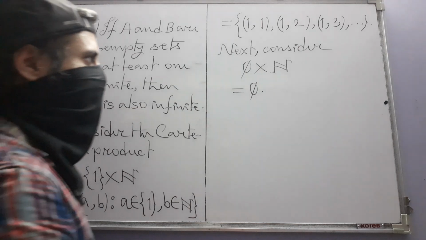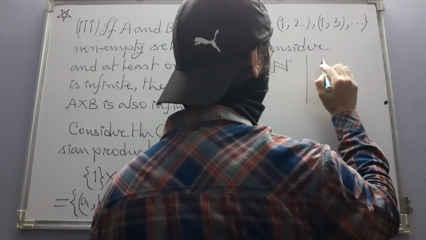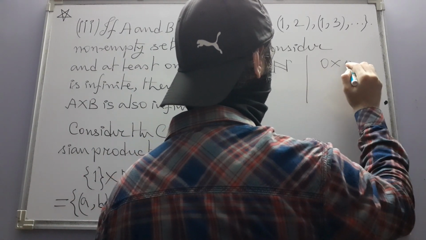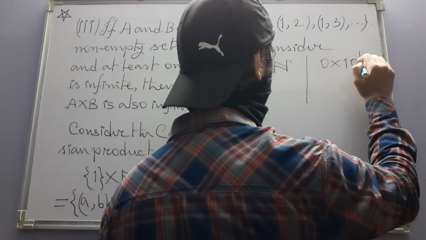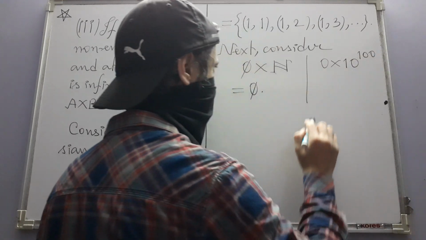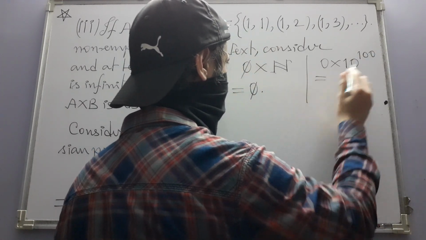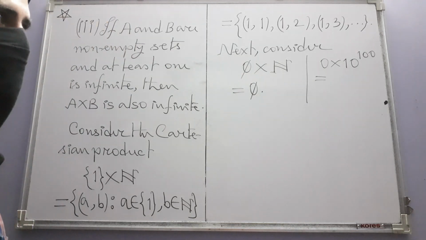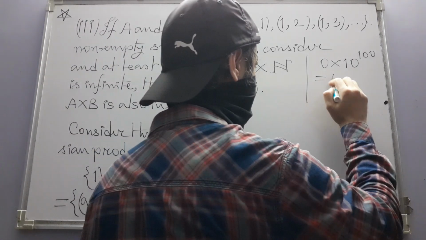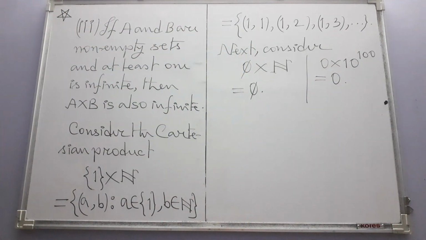This is somewhat like multiplying a very large number by 0. No matter how large that number is, the result is 0. Okay, it is somewhat like that.